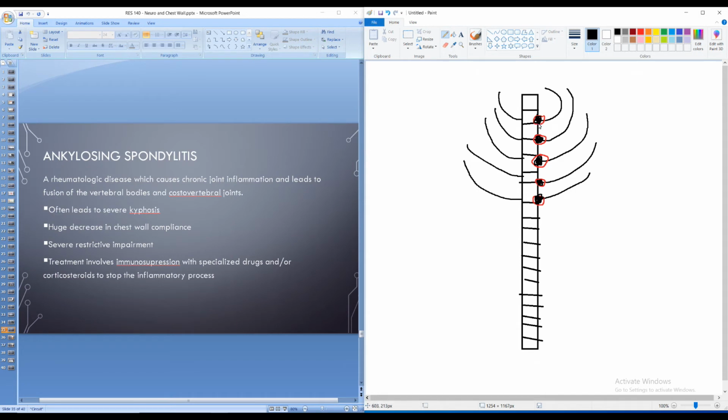And eventually the body says, you know what, I can't deal with all this inflammation, I can't deal with this constant damage, and instead of layering scar tissue in this case, it just makes a big, hard, bony structure that decreases chest wall compliance. So that's your ankylosing spondylitis.